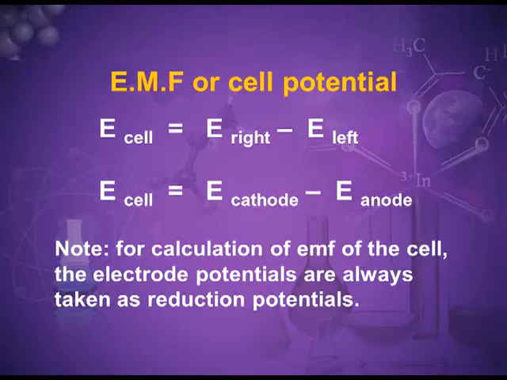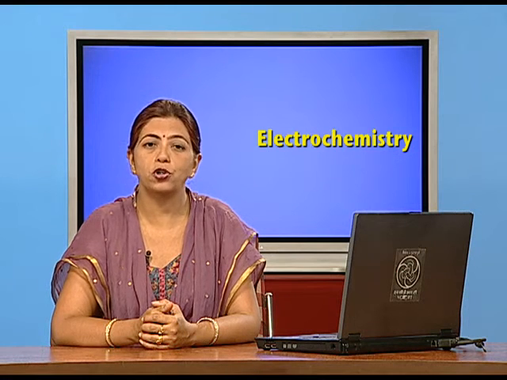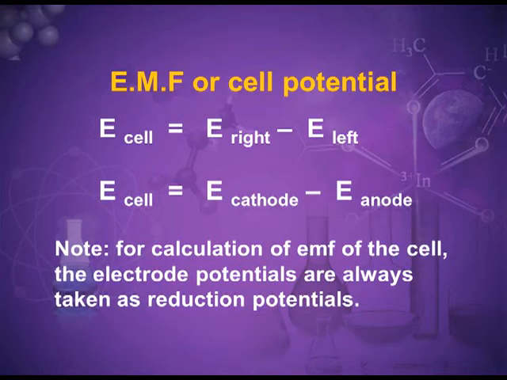So we can also write this formula as E cell equals E cathode minus E anode. And a very important point to note is, for calculation of EMF of the cell, the electrode potentials are always taken as reduction potentials.